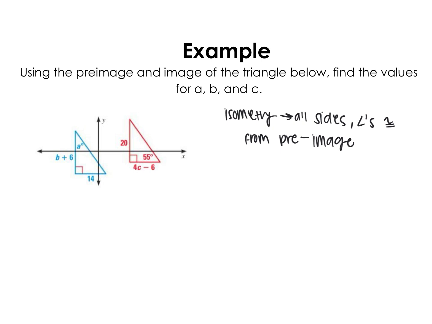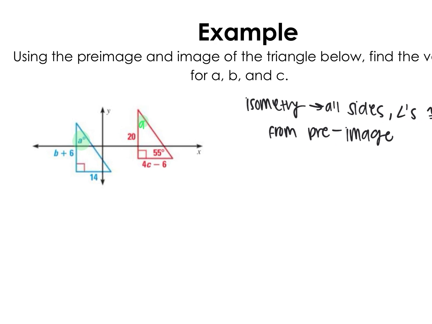Maybe we start with angle A we want to find. Now looking at angle A, there isn't another number or variable in here that's really going to help us. But what we do know is if that was angle A, this is angle A as well. So what we can do is use that triangle sum theorem that we were just talking about, and we can help ourselves out by saying that all of those angles should add up to 180 degrees.